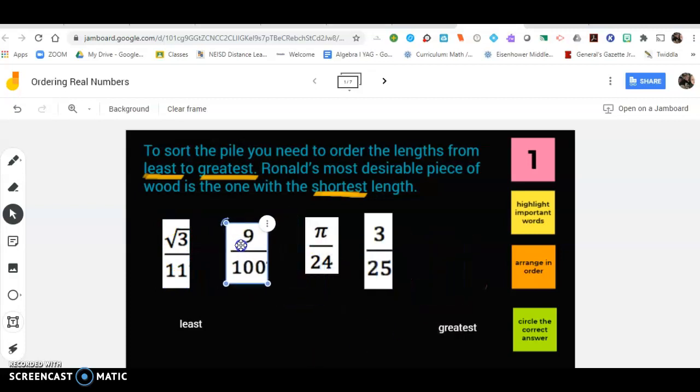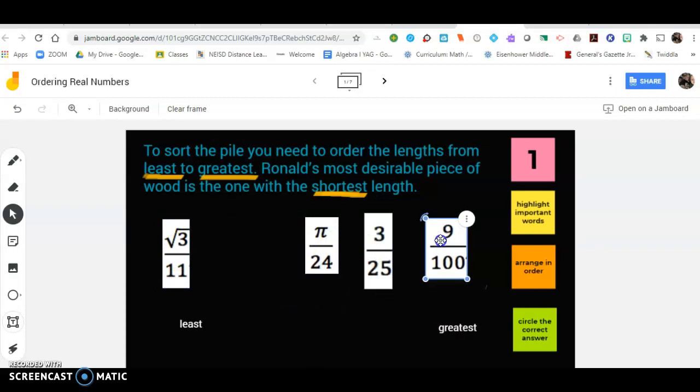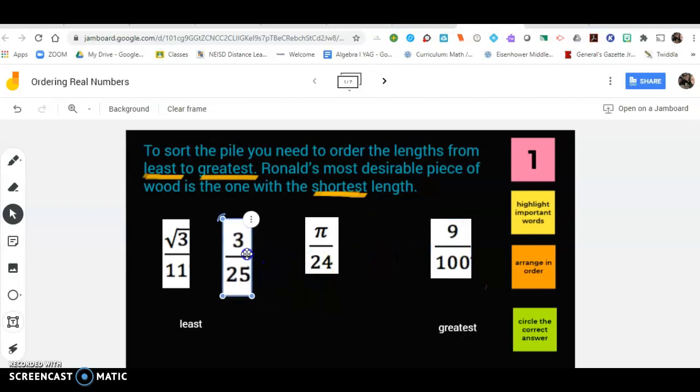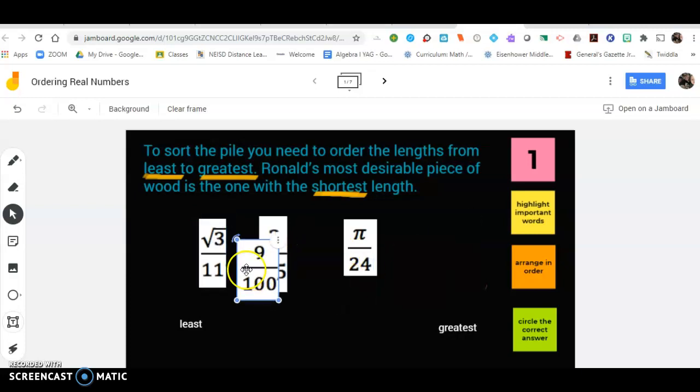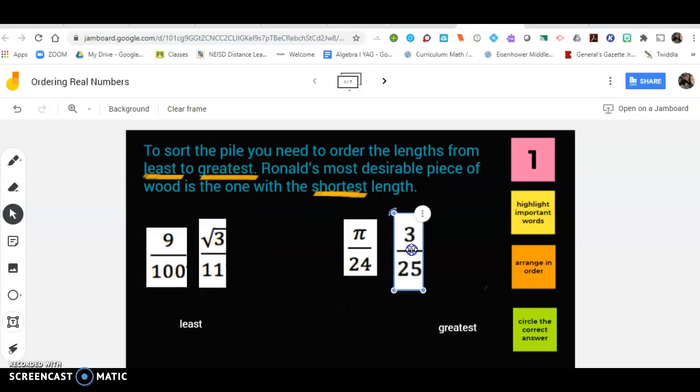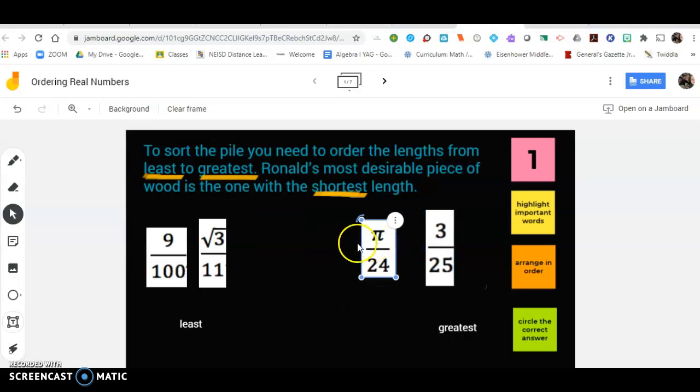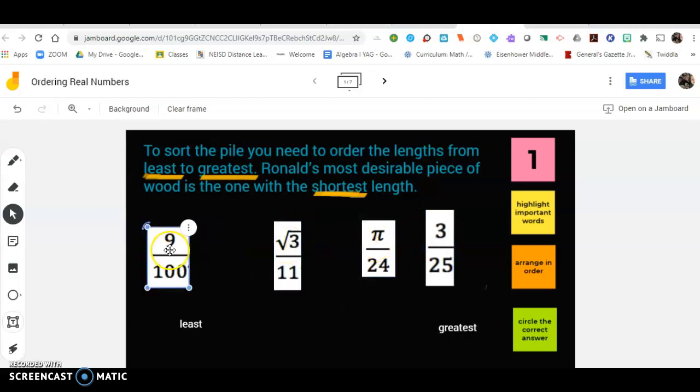So let's say 9/100ths goes over here because it's one of my greater numbers. We don't actually know until we convert it to decimal. After we convert these to decimal using the Desmos calculator, you should be able to place these where they belong and circle the correct answer to answer our question.